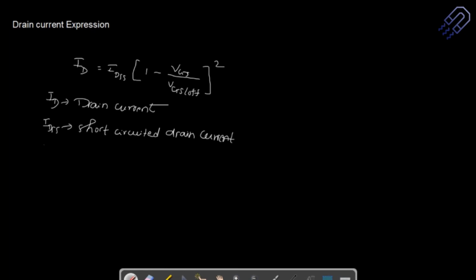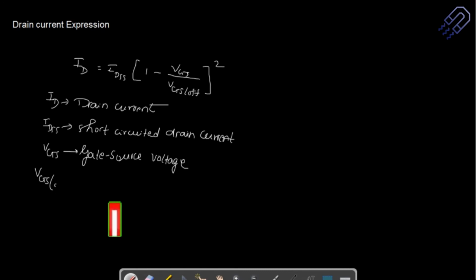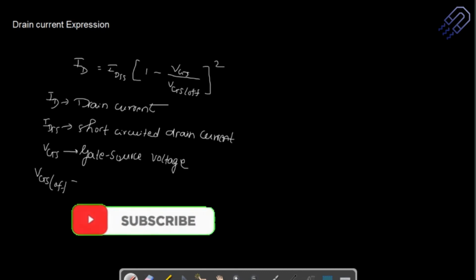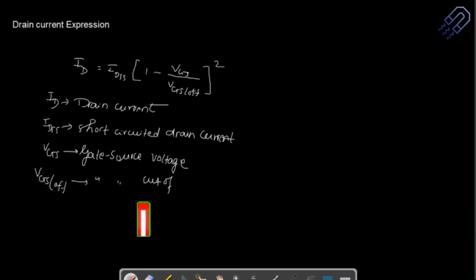And then what else? VGS, the gate source voltage, and then we have VGS off, the gate source cutoff voltage.